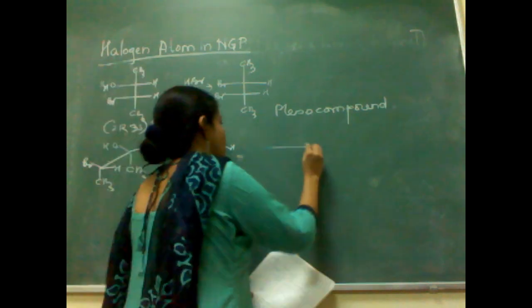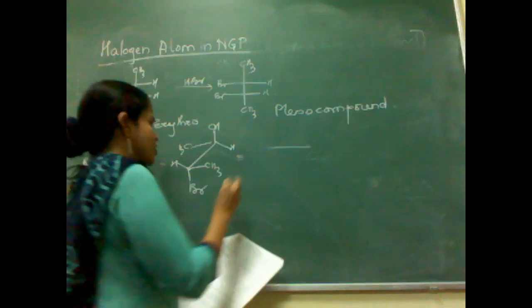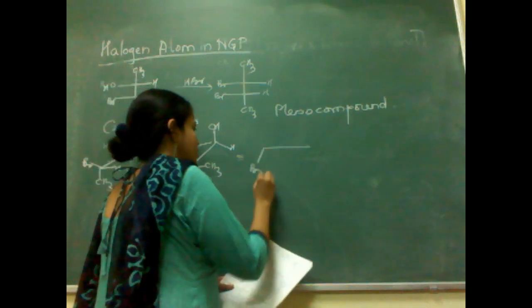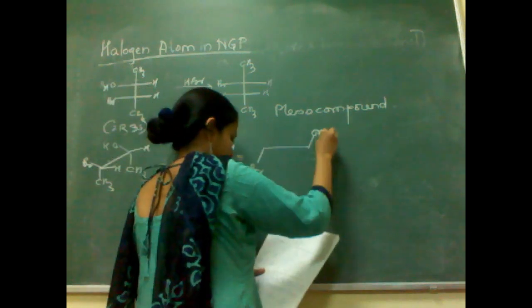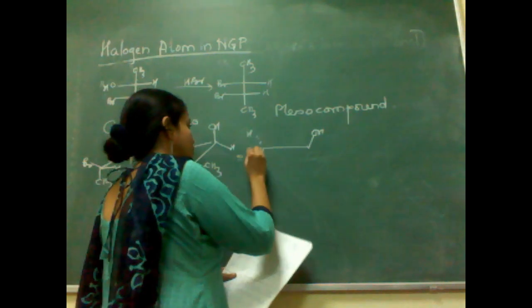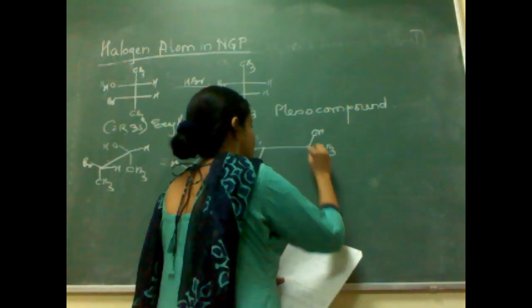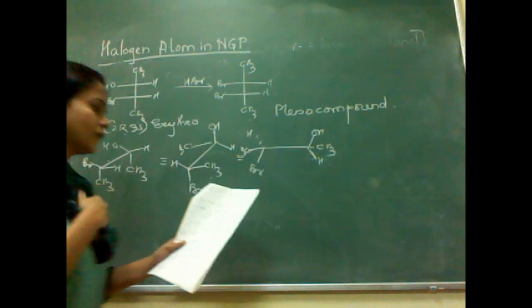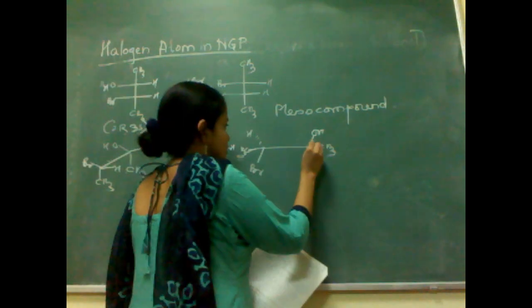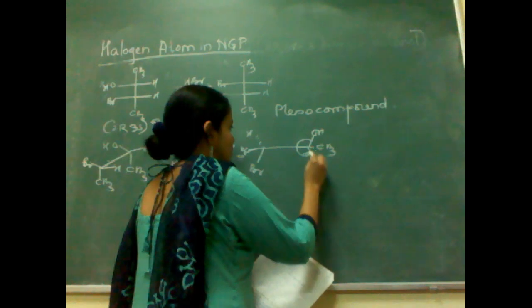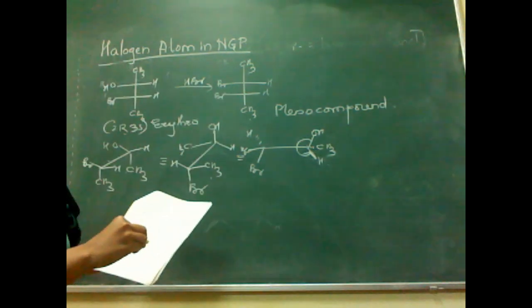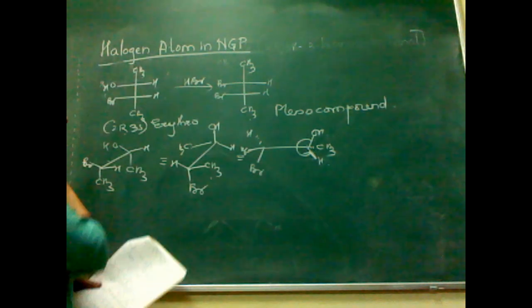So when I convert it into the Fischer projection formula, the 3D projection formula, now if you try to assign, it is 2R, 3S.